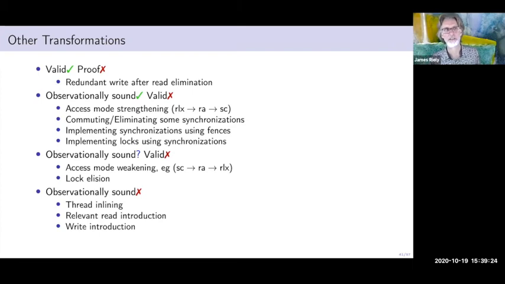So there's access mode strengthening, commuting or eliminating some synchronization actions, implementing synchronizations using fences, implementing locks using synchronizations. And there are some things that are observationally sound in some contexts, such as access mode weakening or lock elision, which we haven't addressed here. And there's some things that just aren't sound. So thread inlining, relevant read introduction, write introduction, these are just not sound, period, the end.